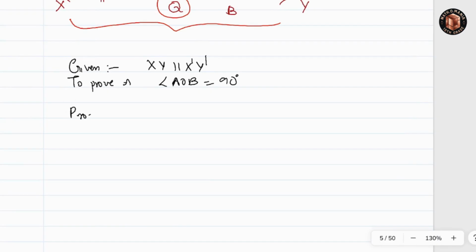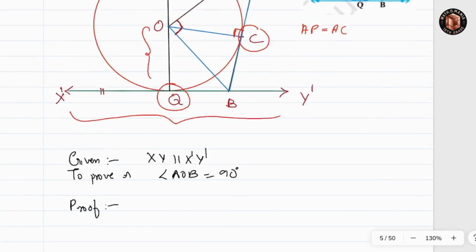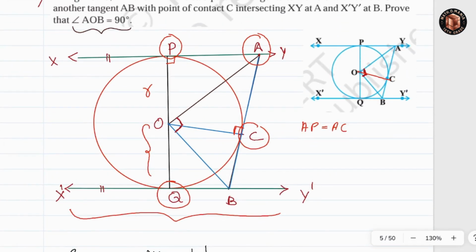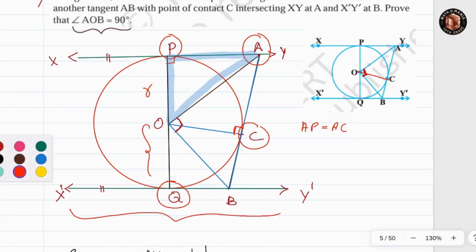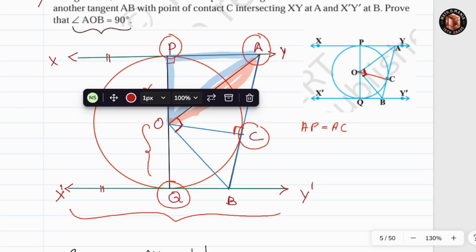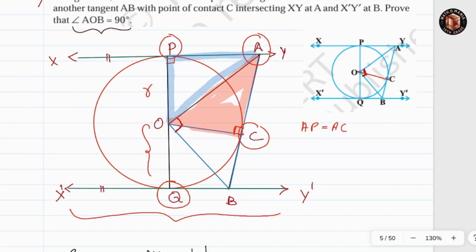Now we need to do our proof. How to write our proof? So first of all we have to consider these two triangles, the triangle PAO and the triangle AOC. We have to check whether these two triangles are congruent or not.